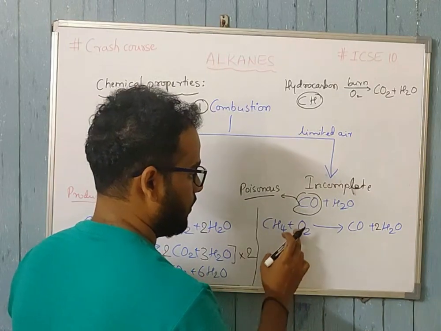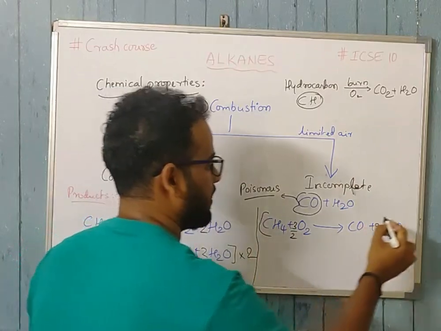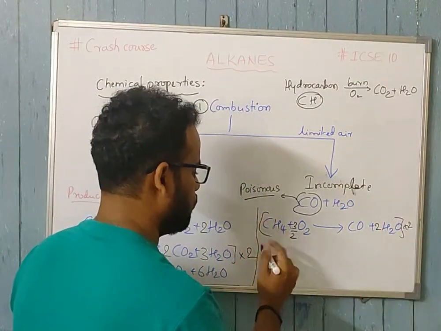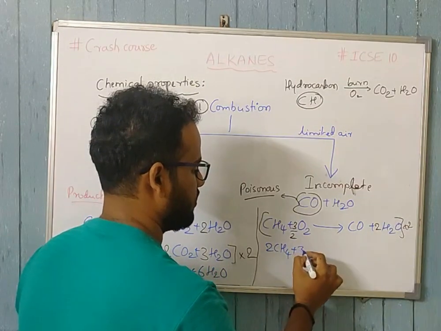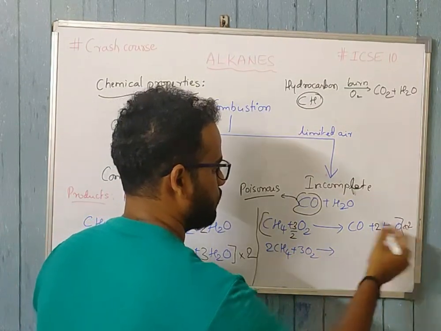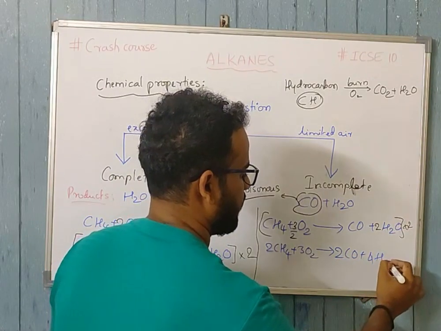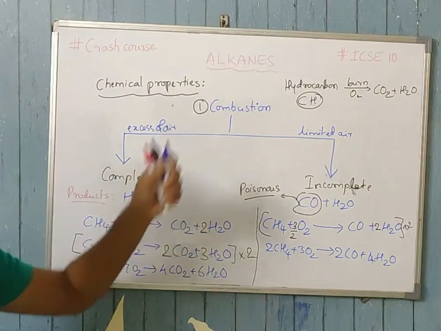You can't do that, so you write 3 by 2. Then multiply the whole equation by 2. So you will get 2CH4 plus 3O2 gives 2CO plus 4H2O. So this is the first reaction, combustion.